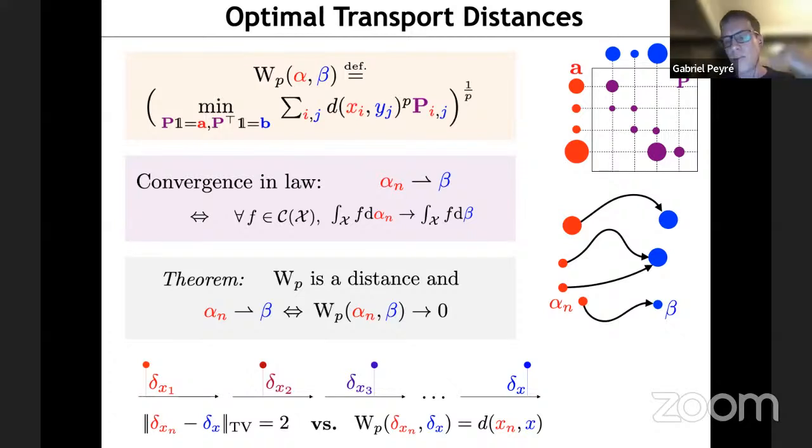You give me little d between positions x and y, and I give you a distance between arbitrary groups of points. But when I evaluate this distance on single Diracs, I get back the original distance. You can basically show that it's more or less the only formula to have this nice property, this one-to-one injection of points into distributions.